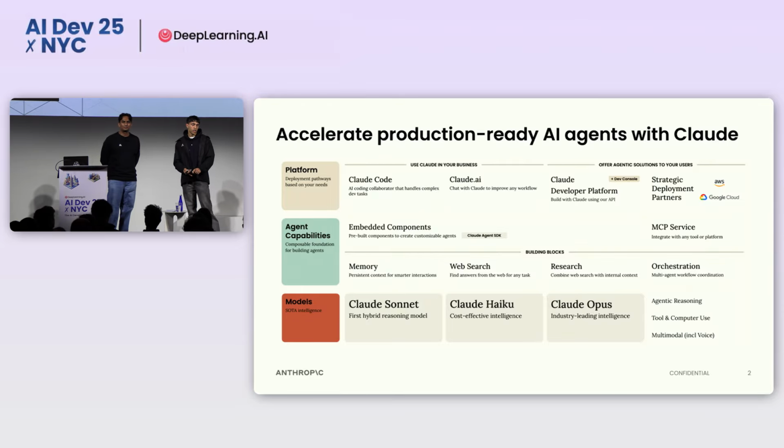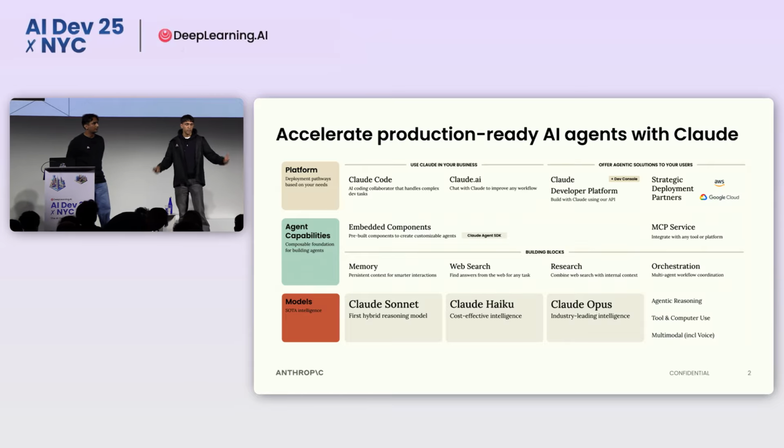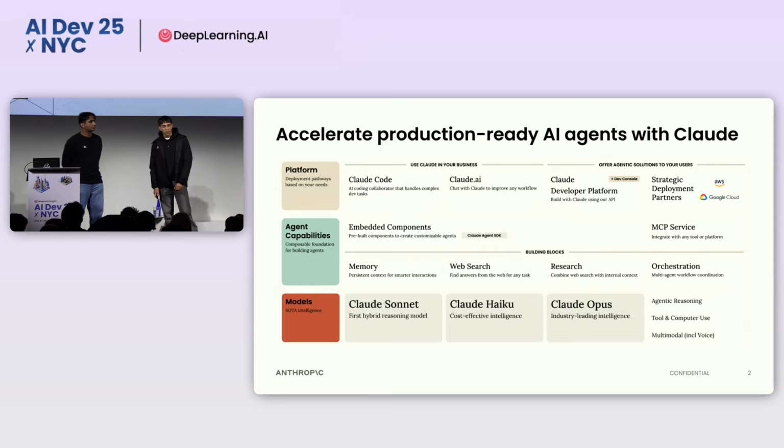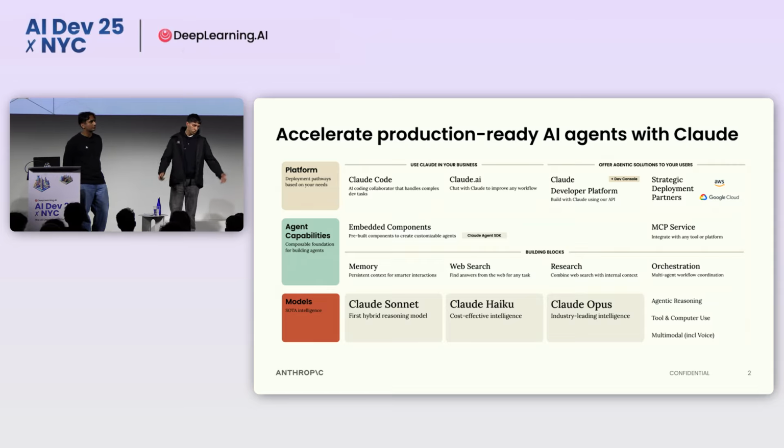We have Haiku, Sonnet, and Opus. Haiku being our most cost-efficient models, Opus being the top of the line, our biggest and most intelligent model, and Sonnet being your day-to-day workhorse where we really try to strike a balance between intelligence and cost. But the models by themselves, the intelligence by itself is not useful unless we build things and products to bring them to the users, to the world.